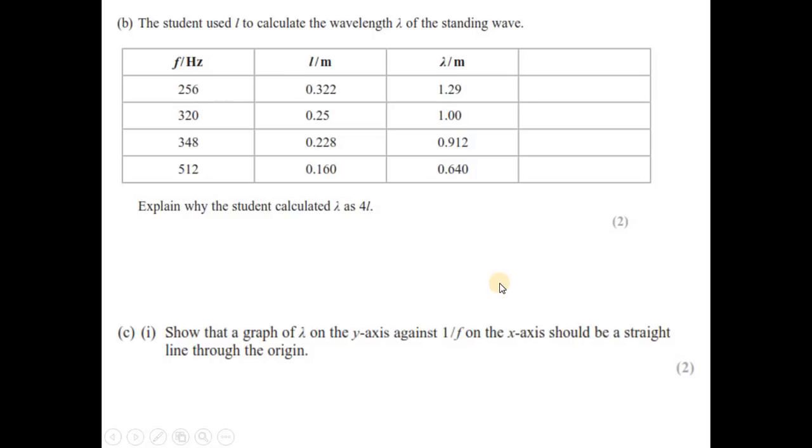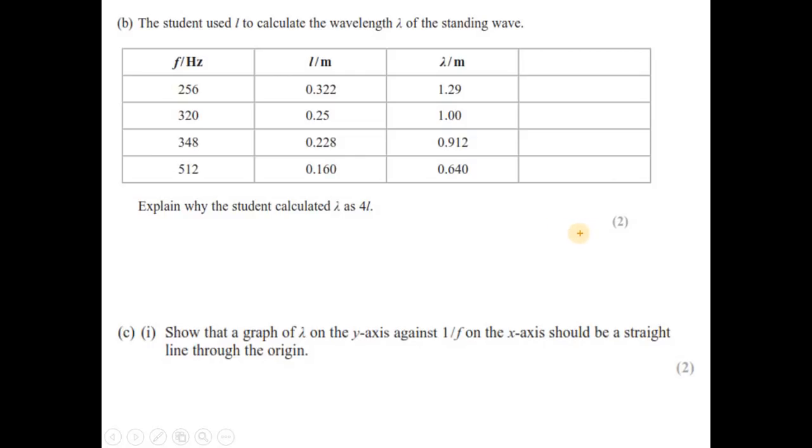B. A student used L to calculate the wavelength lambda of the standing waves. Explain why the student calculated lambda as 4L. Now if you see your diagram that is given, you were given an air column.